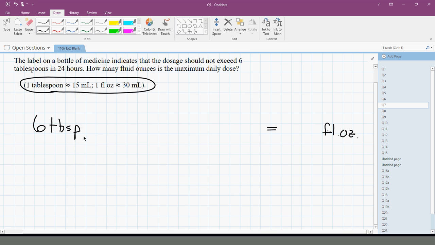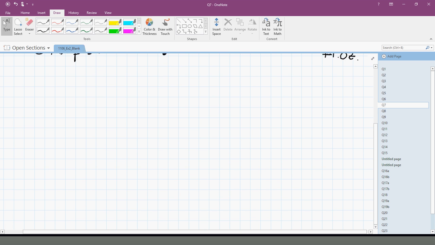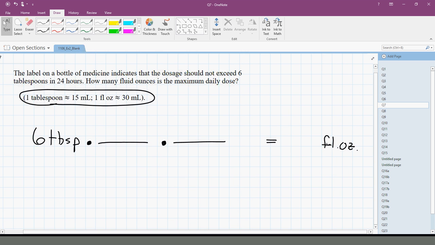Yeah. So let's start setting up our dimensional analysis. We're going to have two fractions that we're working with. So how do I get rid of tablespoons? What will our fraction look like here?